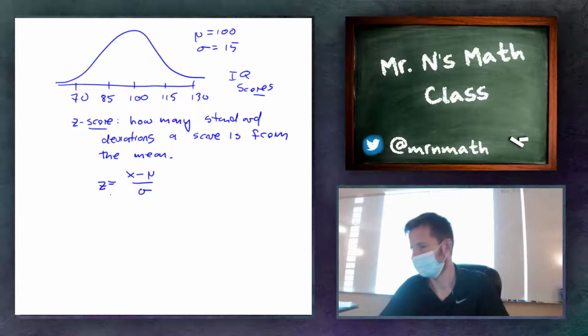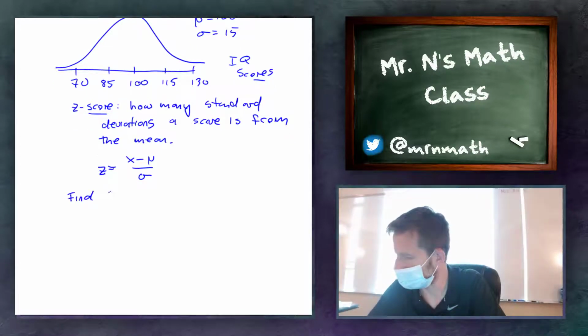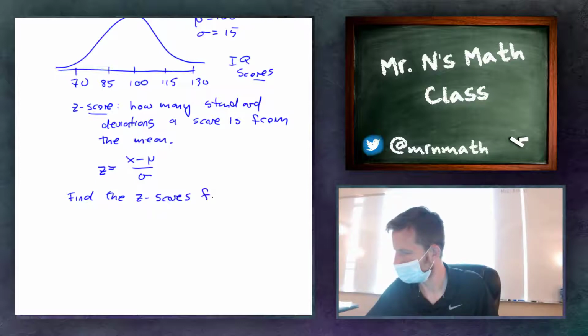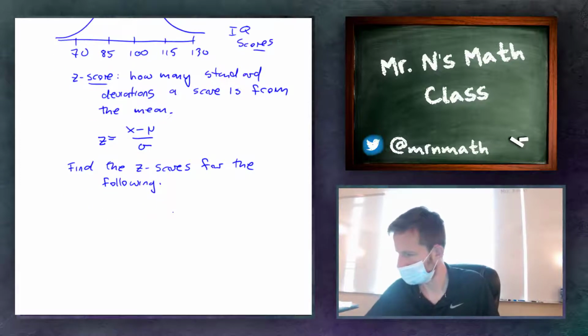For example, find the z-scores for the following IQ scores.